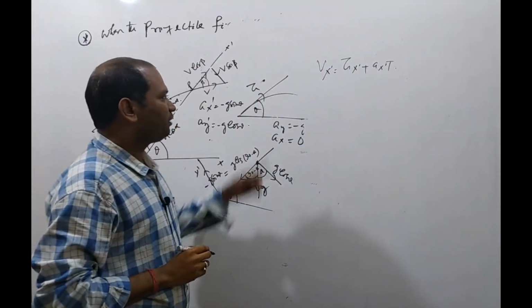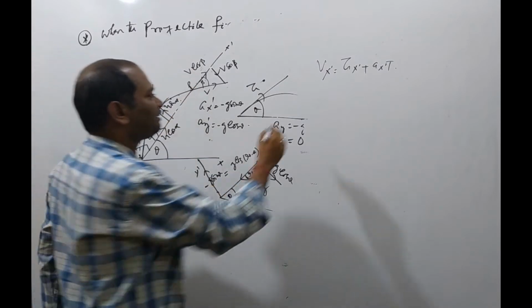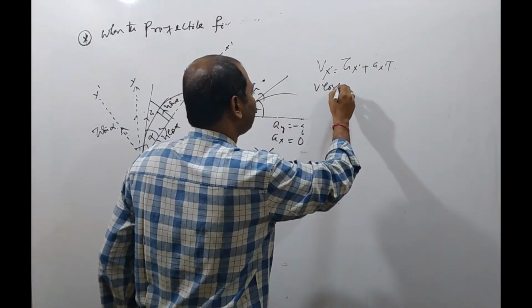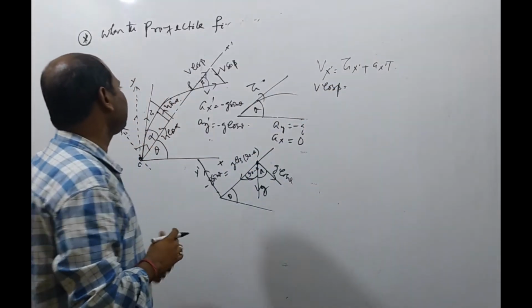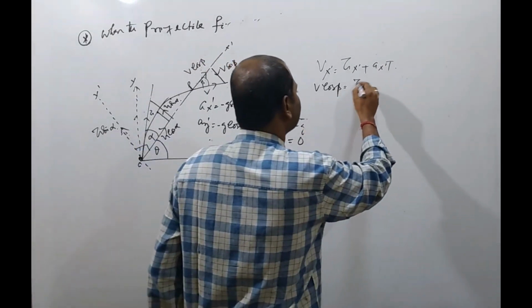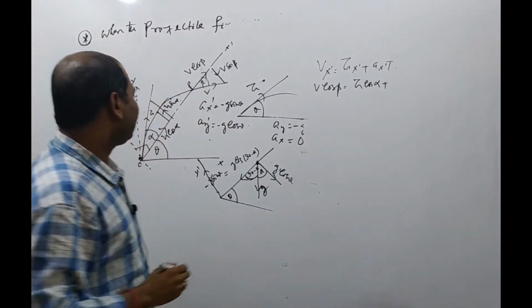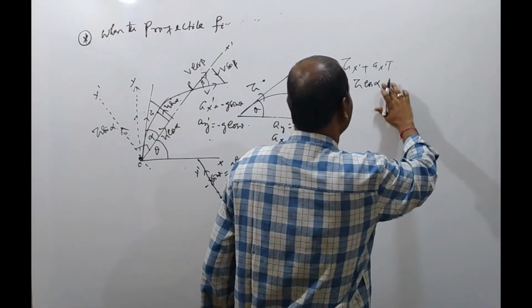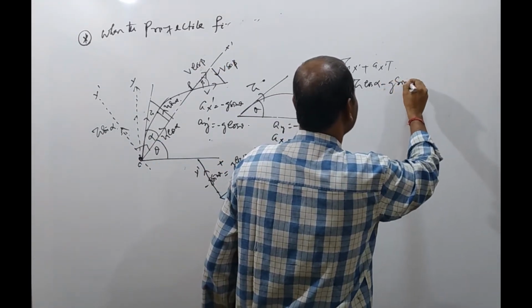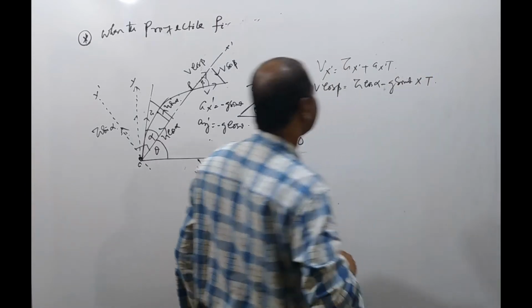Okay, so vx dash is what? V cos beta, and ux dash is u cos alpha plus ax dash, which is minus g sin theta, into t.